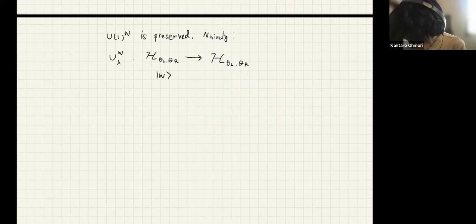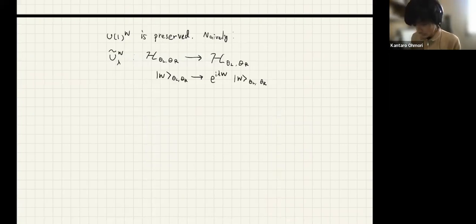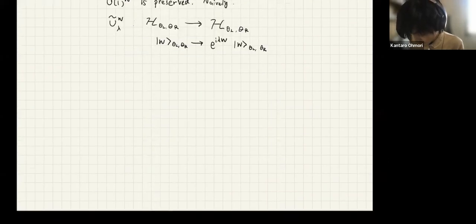Extending what we saw in the S1 case, we might write like this, W L. But let me call this U tilde. This one has a projective phase.